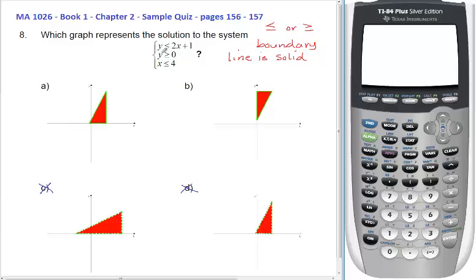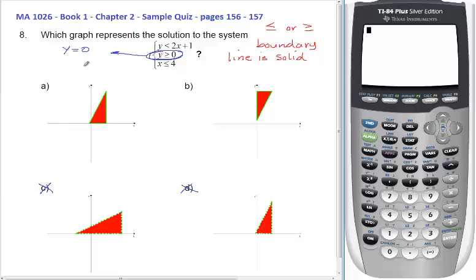Now, how do we go about the rest of them? Let's first of all look at y greater than or equal to 0. What does that mean? Let's look at the boundary line for that. The boundary line would be y equal to 0.